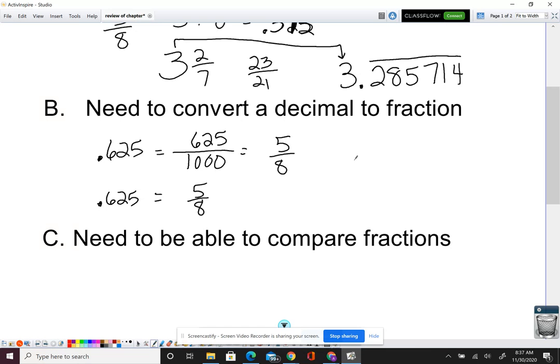So what happens if we have a whole number, something like that? Once again, just put it into your calculator and hit your S to D. Mine just came up with 317 over 100.